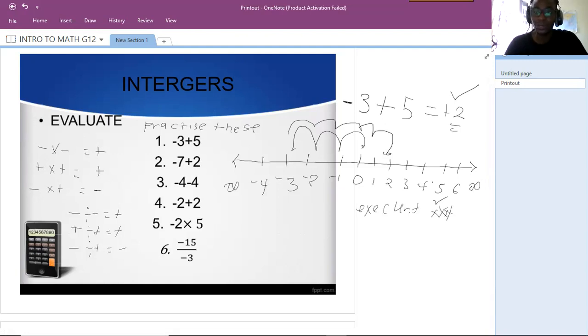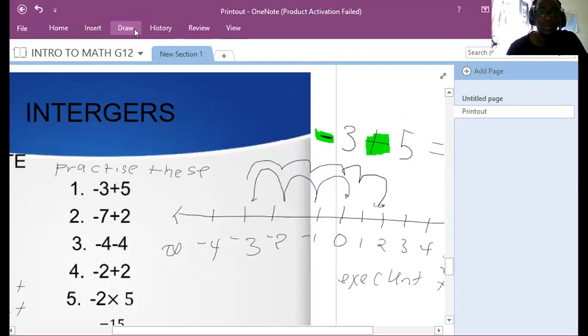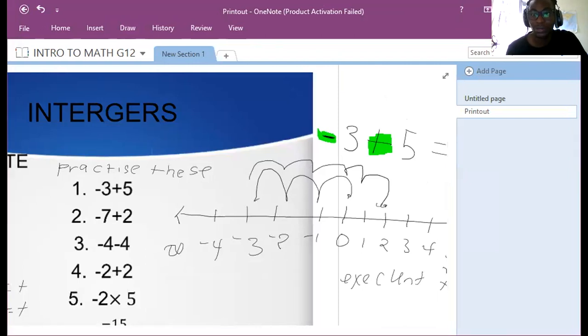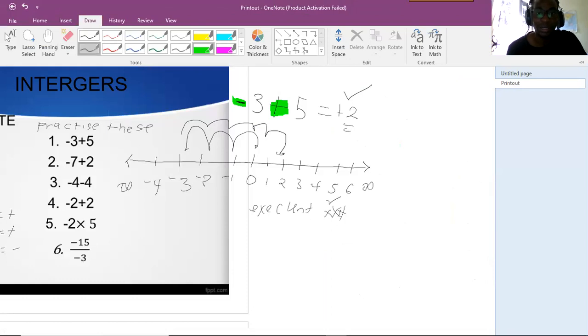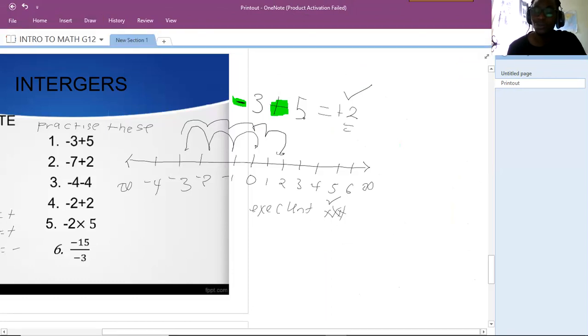The first thing that I want you to do is forget about the signs. Forget that here there is a negative, and forget that here there is a positive. What you're going to ask yourself rationally is this question: which number is bigger between 3 and 5?